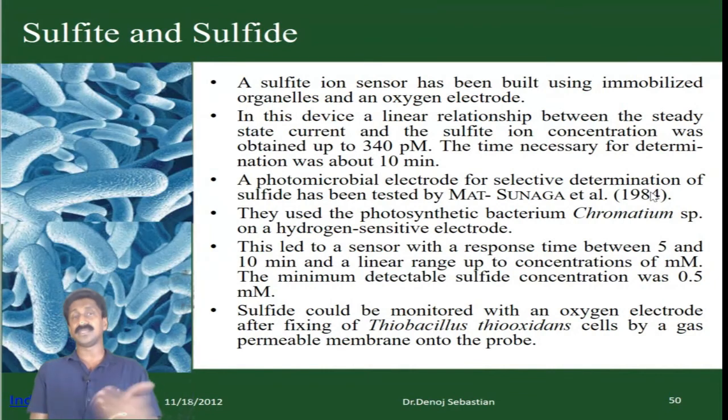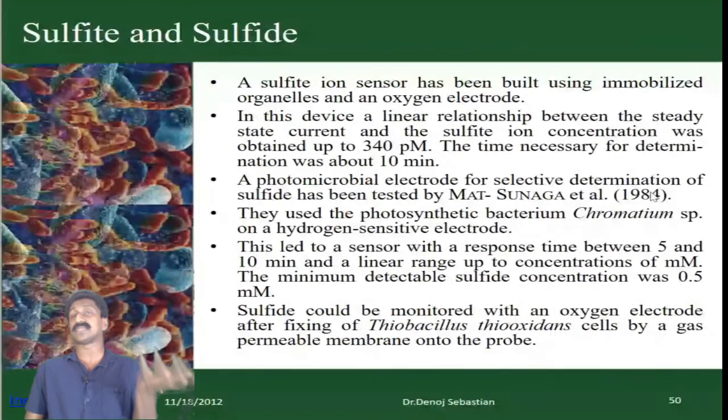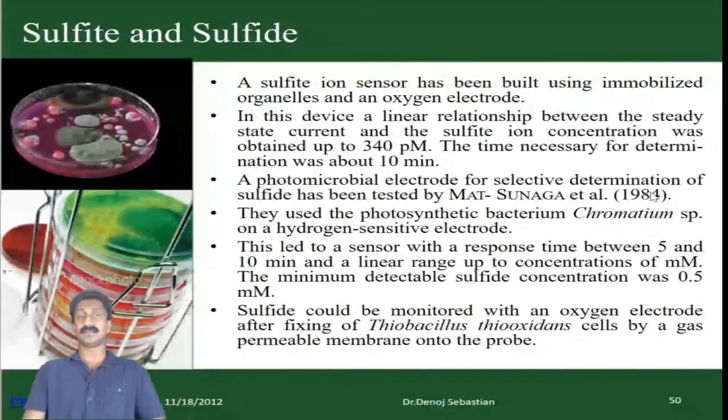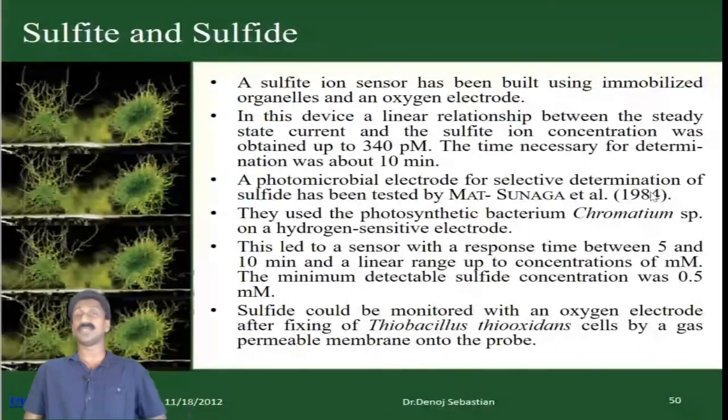But using this photomicrobial system, it is about 0.5 millimolar. So you can detect, but the analyte concentration should be about 0.5 millimolar. So that is an issue with this photomicrobial electrode sensor. Compared to the previous one, the detection limit is in the millimolar range, not in the picomolar range.